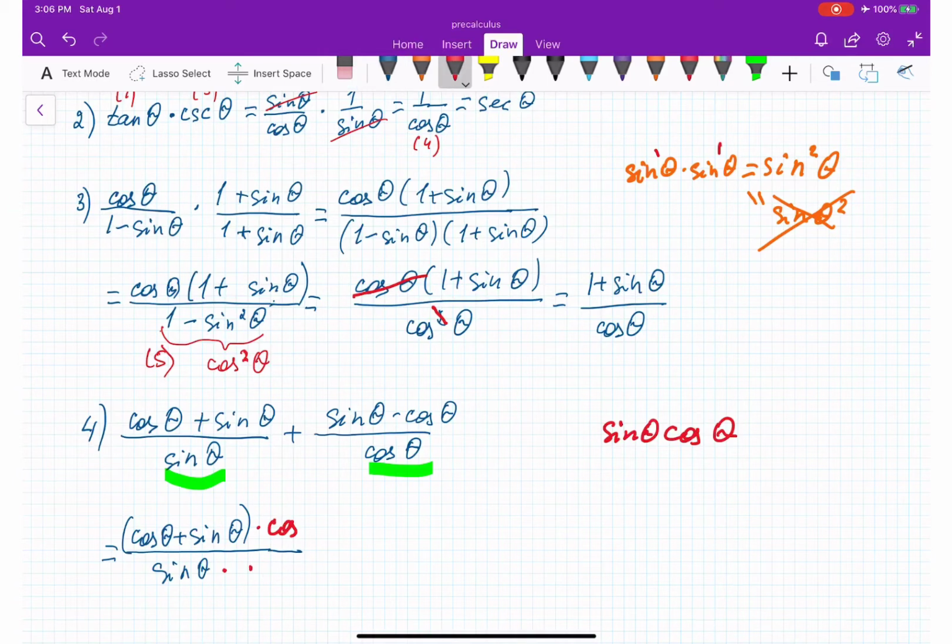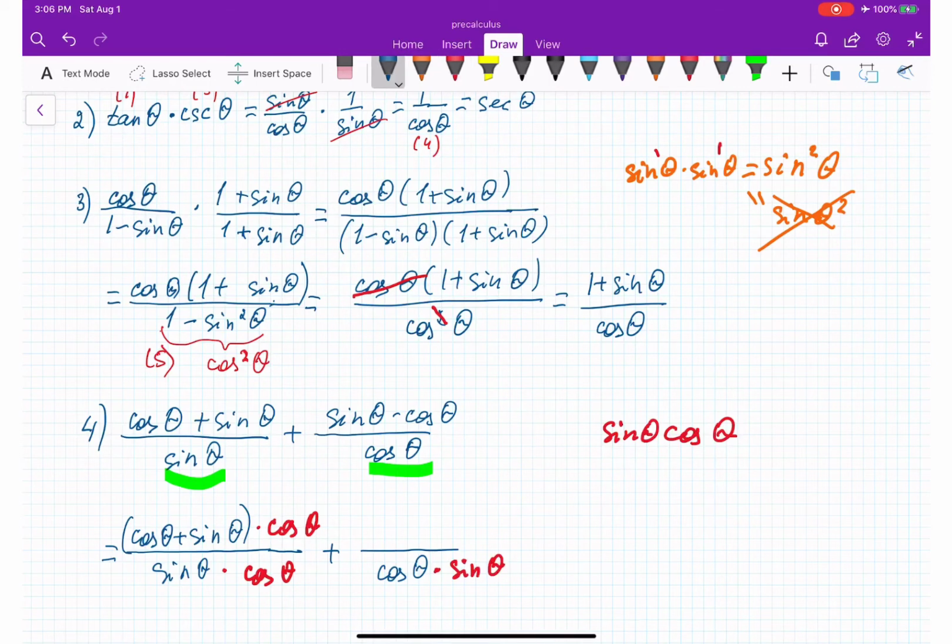Cosine theta here and cosine theta here. So plus, in this fraction we have cosine theta, so this fraction we need to multiply by sine theta to get both of them.